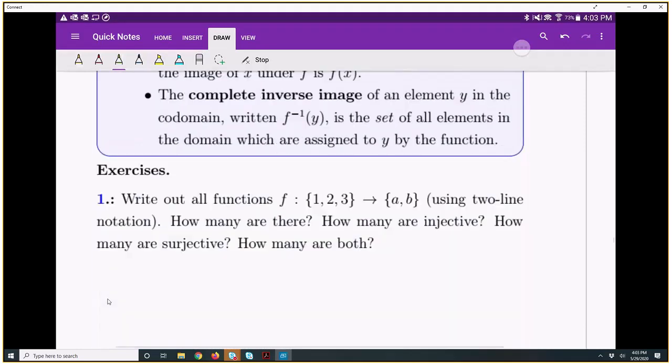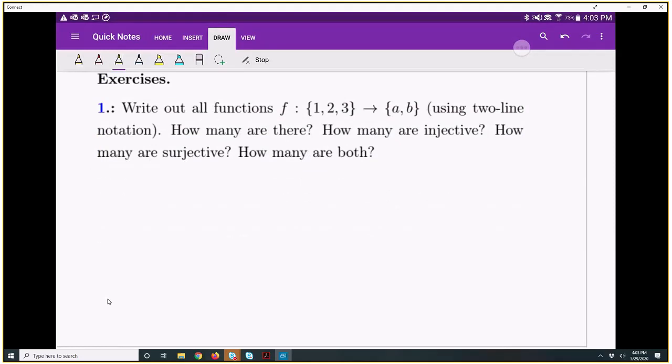Let's work through a few exercises together. Exercise 1. Write out all possible functions f from the set 1, 2, 3 to the set A, B using the two-line notation. Then we want to know how many functions there are, how many are injective, how many are surjective, and how many are bijective.